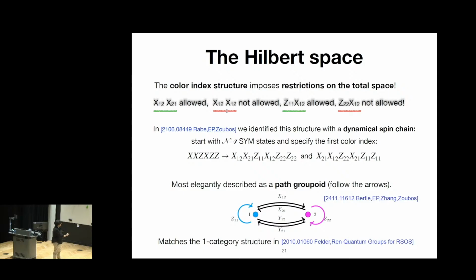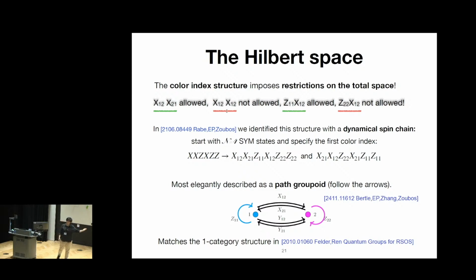So in this paper already, we had found at least a physicist's way to talk about this by saying that these spin chains are dynamical. What we meant is that you can always think of N=4 states as the mother theory, and then choose your very first index. Here is 1, here is 2, and then color contractions will give you the rest, and there is nothing for you to decide.